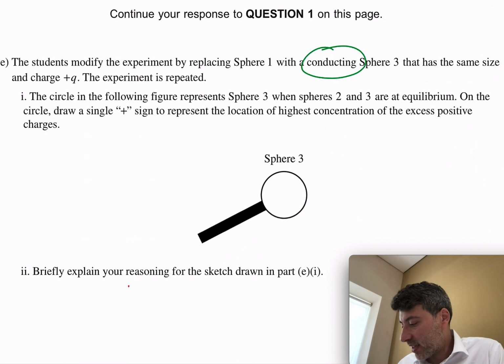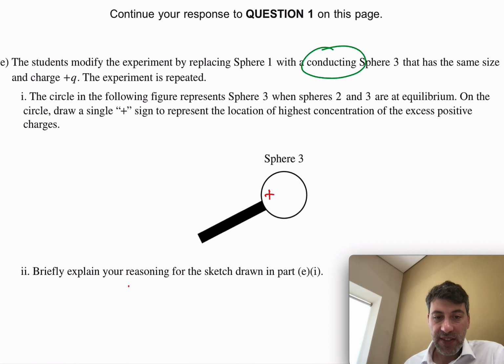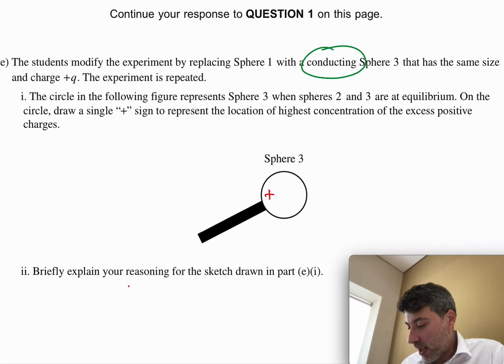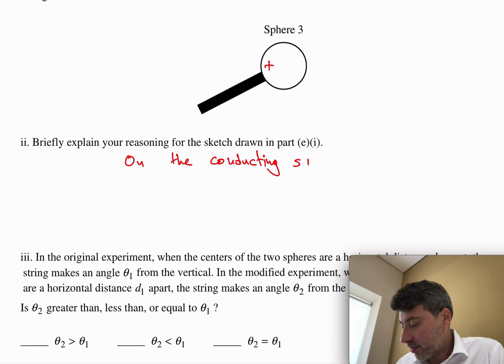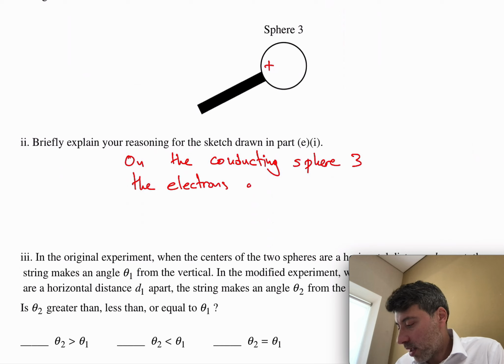So we'll say that there is an excess positive charge on the left side of sphere 3 because on the conducting sphere 3, the electrons are attracted to the right.